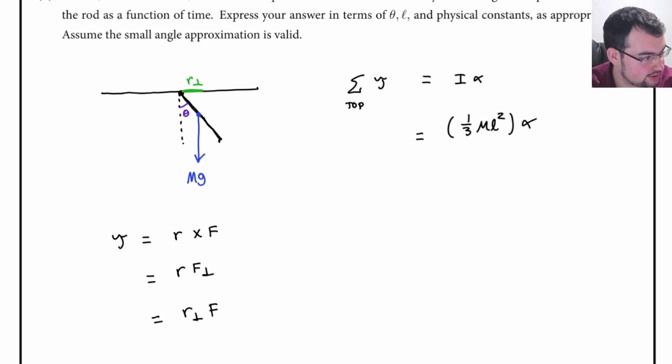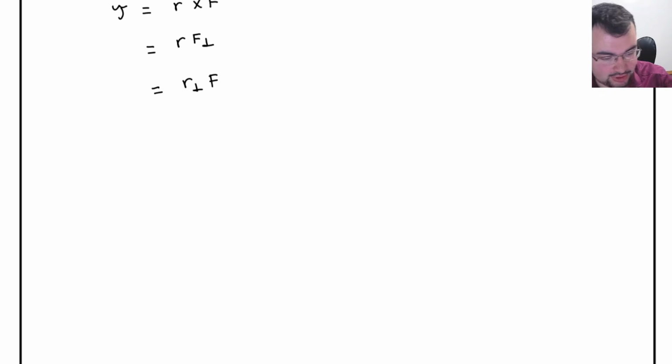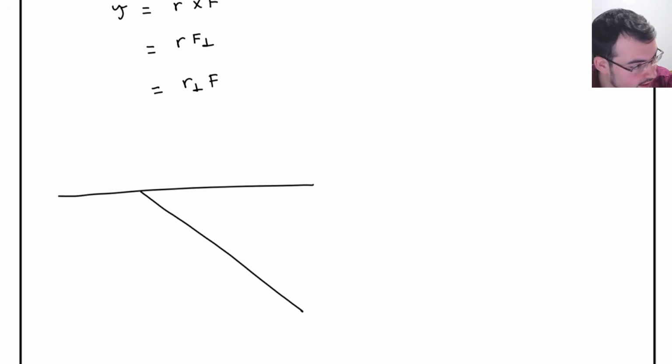Lever arm is defined as the distance you have to go perpendicular to the direction that the force acts. So if the force acts vertical, your lever arm is horizontal. If your force is horizontal, your lever arm is vertical, and so on. So all we have to do is figure out whatever this green length is. Let me make my picture a bit larger here. This angle was theta.